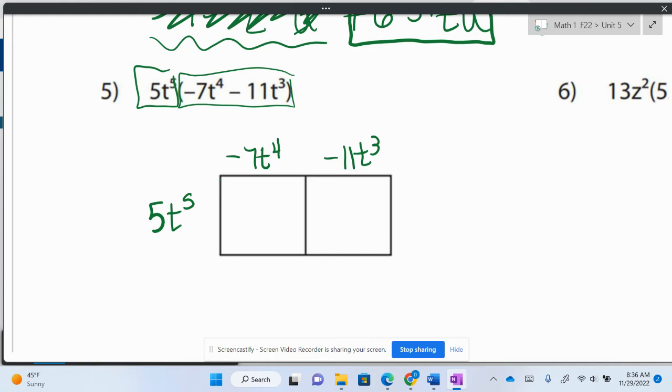Yeah, so 5 times negative 7 is negative 35. And t to the 5th times t to the 4th becomes t to the 9th. Good job. So then for the next one, I have 5 times negative 11, which is negative 55. T to the 5th times t to the 3rd becomes t to the 8th.